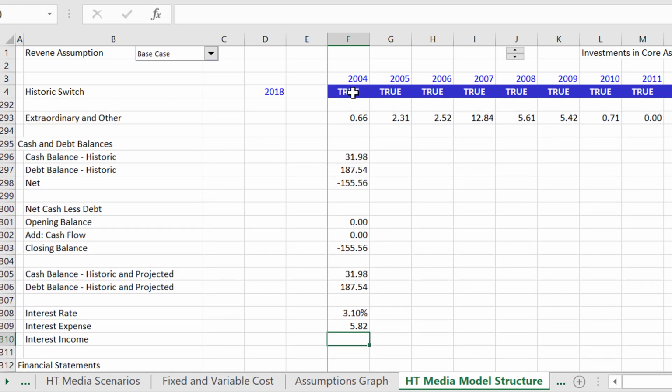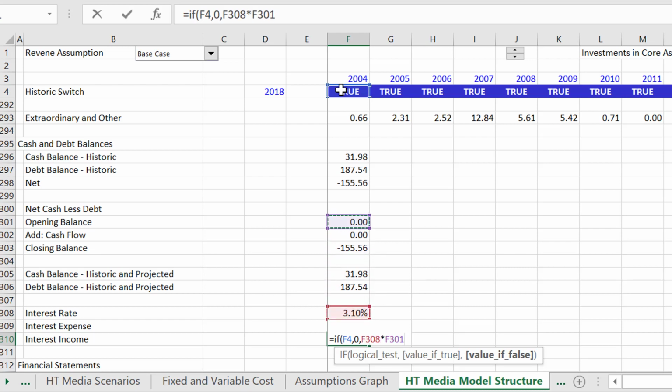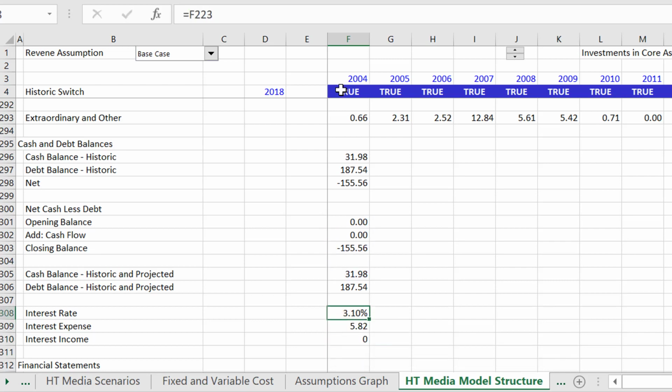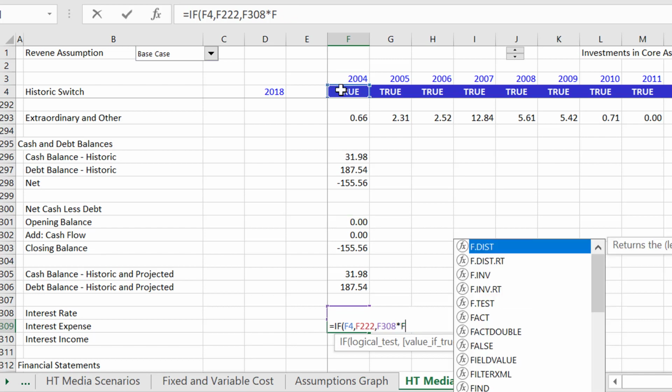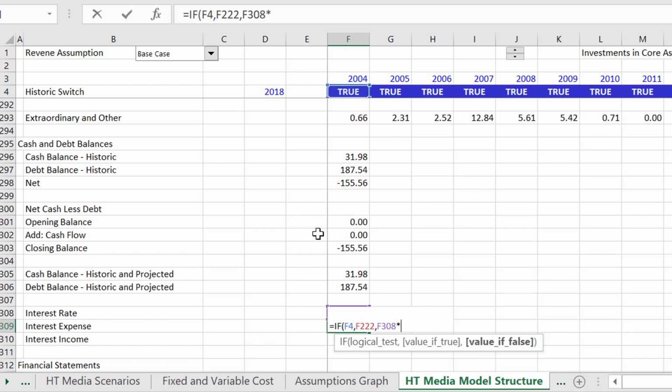And the same thing: if it's the historic period, well, we didn't have any interest income. Otherwise, take the opening balance and multiply it by the last year cash balance, and I'm going to do this too, so it should be by the last year debt balance.